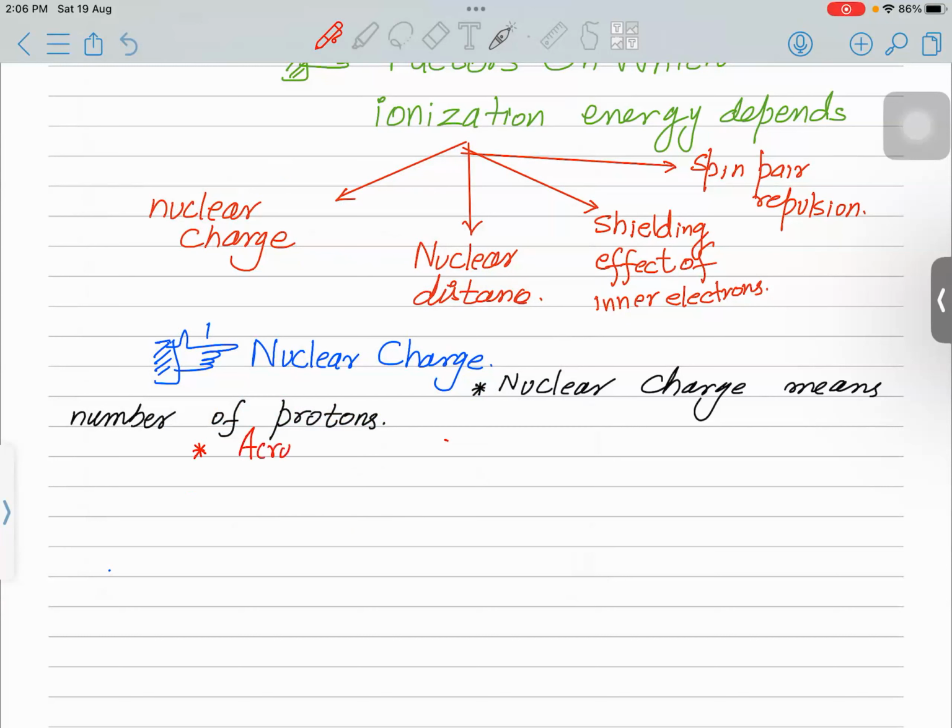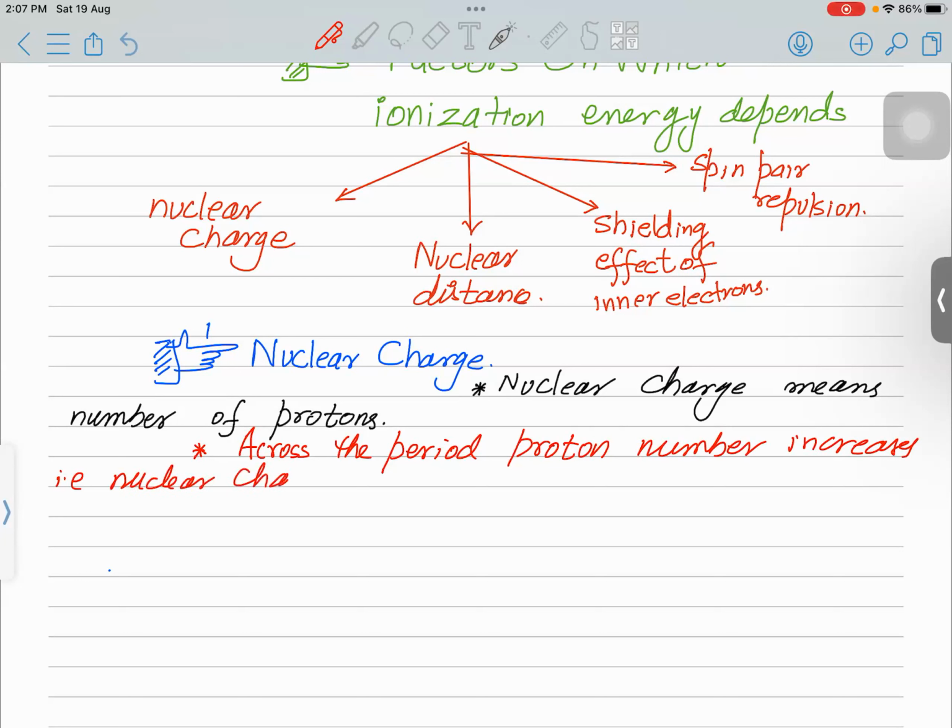So across the period, proton number increases, which means nuclear charge increases.